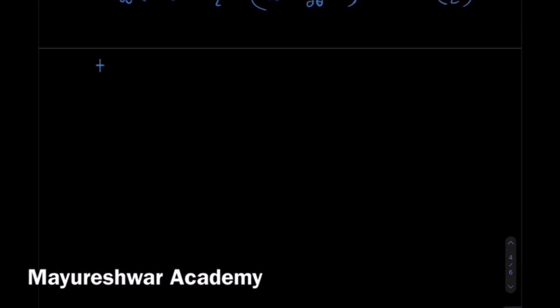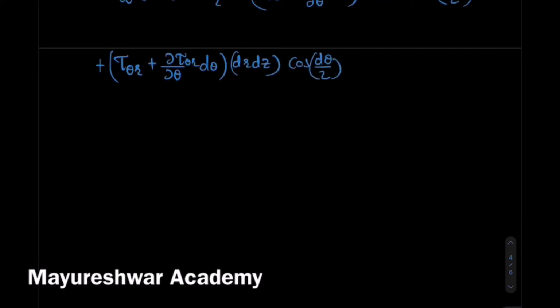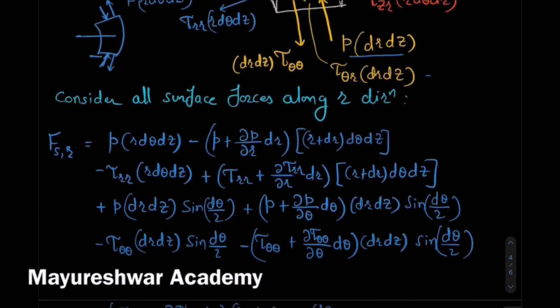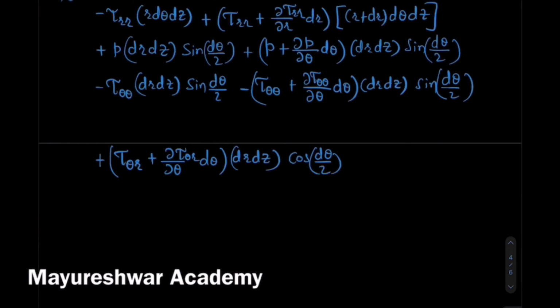So plus we have the shearing stress component, which is tau theta r multiplied by plus its rate of change along theta direction multiplied by d theta, and times area, which is dr dz, and again resolved along r direction.